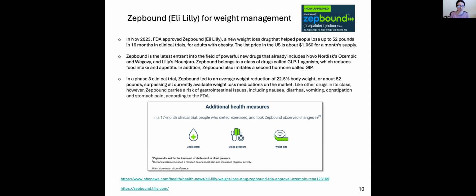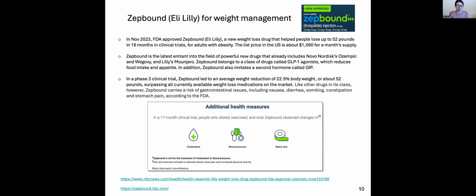It is about 52 pounds, and it surpassed all currently available weight loss medication on the market. Just think about it, 22.5% body weight. That's a lot, right? So you can think about your own body weight and what 22.5% would be. For a person to lose that much weight, that is quite impressive.